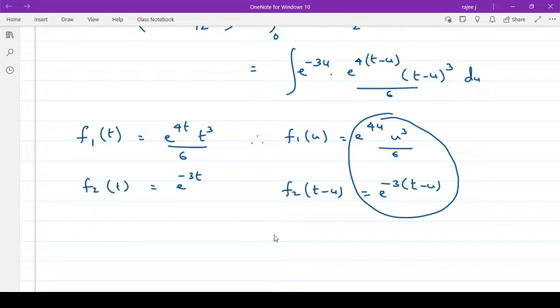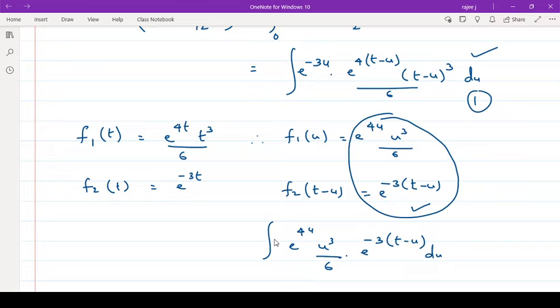So integrating this term or this one, which will be easier for you? We are integrating e raised to 4u u cube upon 6 into e raised to minus 3 into t minus u. This one or the second one, which will be easier for integration? Tell me.